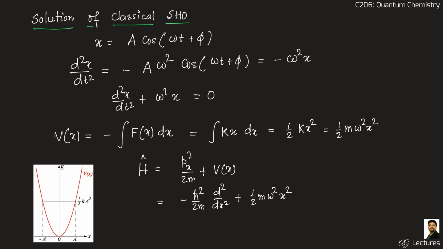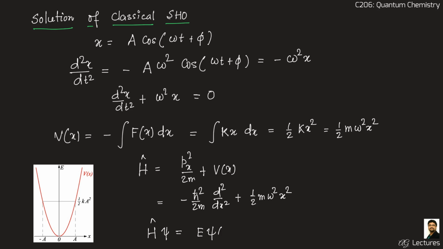We can put a caret on top of H to denote that this is an operator, and this particular Hamiltonian now is going to be plugged into the time independent Schrodinger equation to solve the equation H psi is equal to E psi.